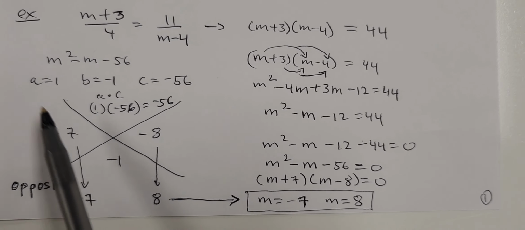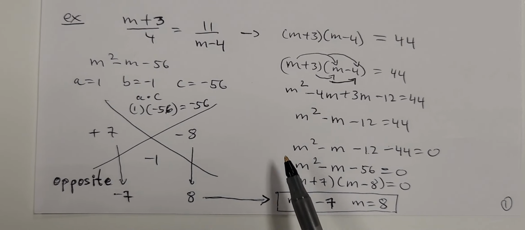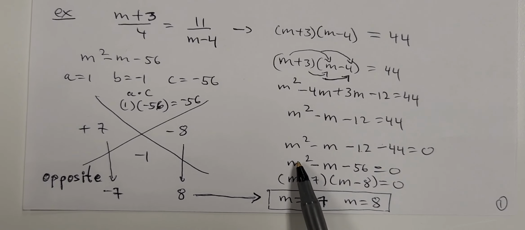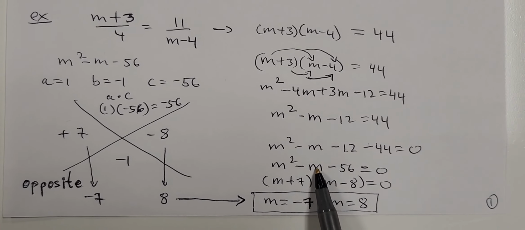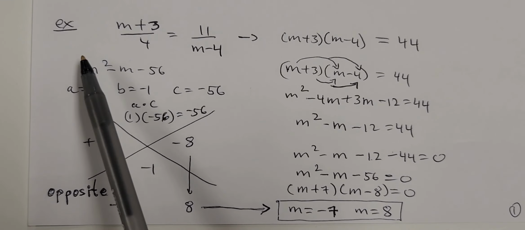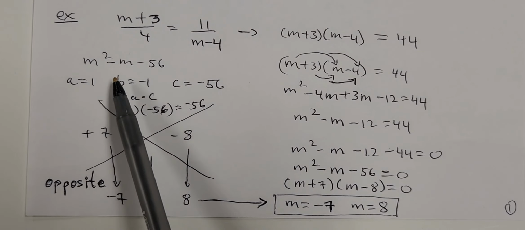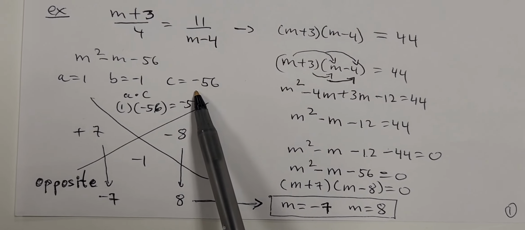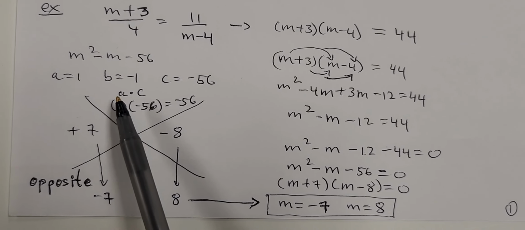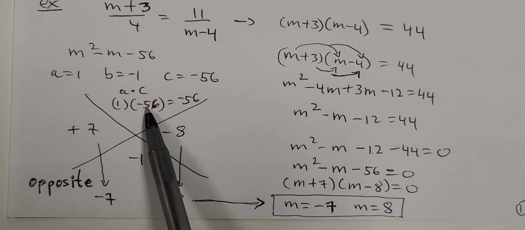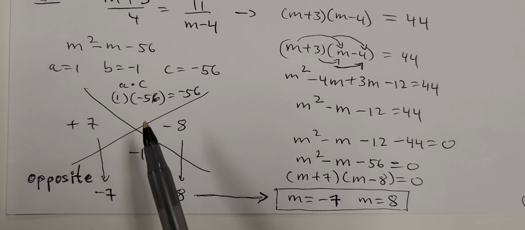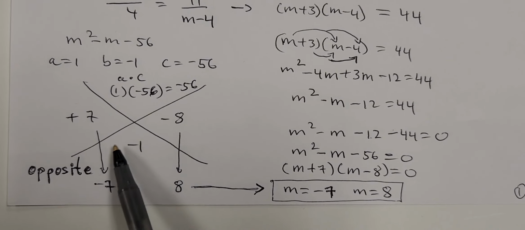I did the work on this side right here. This is my a. I rewrote m squared minus m minus 56 over here so that you can see the factoring. So a is 1, b is negative 1, c is negative 56. On top, a times c, so 1 times negative 56 is negative 56. b is negative 1, so b is down here.